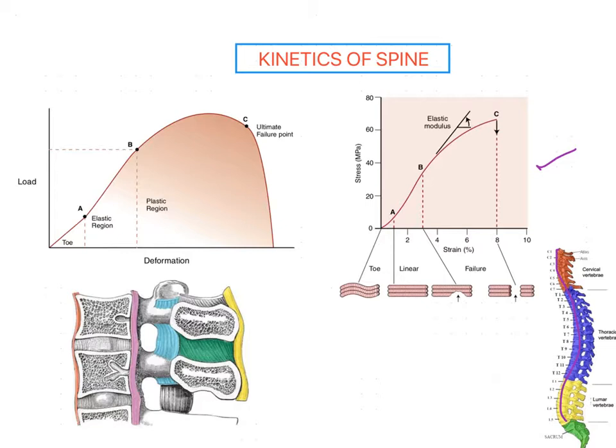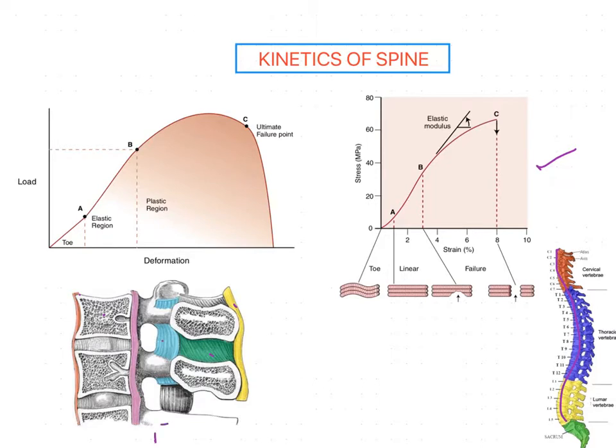Studying each and every mobile segment is somewhat difficult. But researchers investigating the spine have used small segments of the column called mobile segments or motion segments to determine stiffness. They have taken a mobile segment with its intervening soft tissues, like the ligaments.